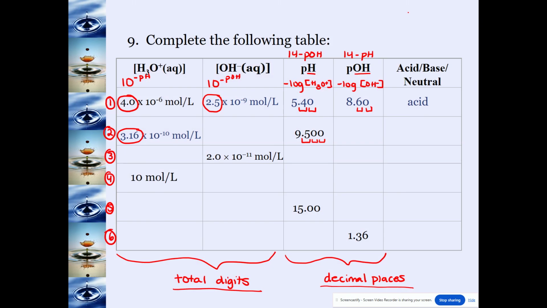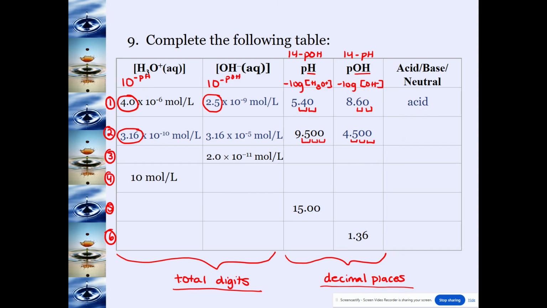Now I can subtract my pH from 14 to get pOH. It has to have the same sig-digs, which are decimal places, 3 decimal places. And then I can go 10 to the exponent negative 4.500, and that's going to give me my hydroxide ion concentration. Again, I'm going back now to 3 total digits as my sig-digs.